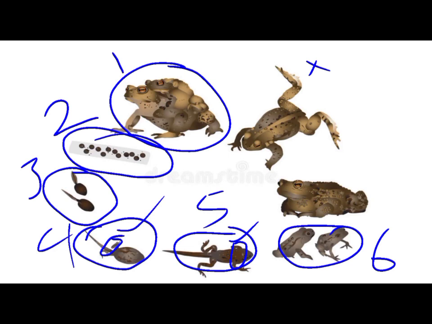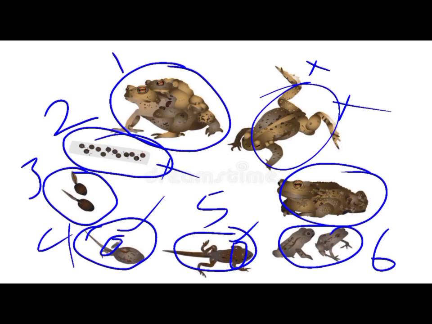Already you have a young tadpole with the two limbs, and then you have a fully grown toad here, and that's what we refer to as metamorphosis, the series of changes that take place from egg to the adult toad. And that is what happens in the development of amphibians, in this case the toad.